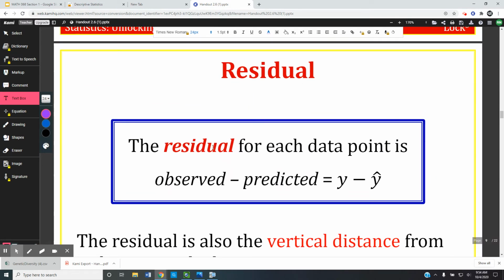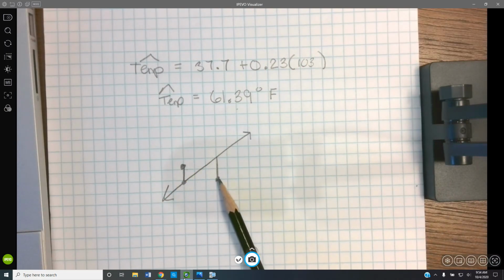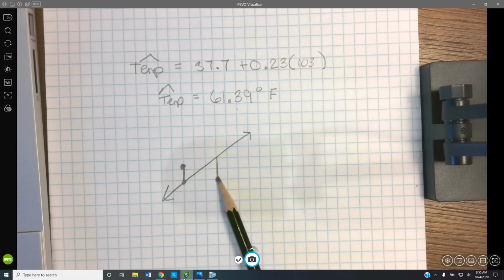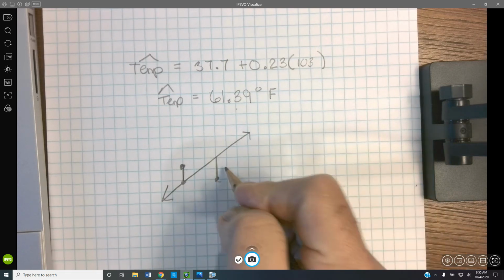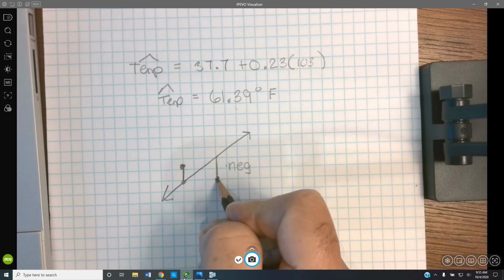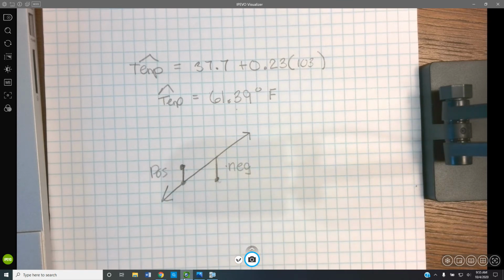So let's use this word residual. The distance from here to here, or from here to here, is the residual. The residual is the difference between an observed and a predicted value. This one will have a negative residual because it's below. This one will have a positive residual because it's above.